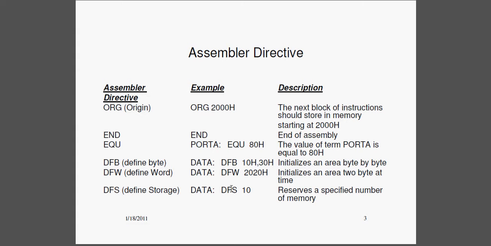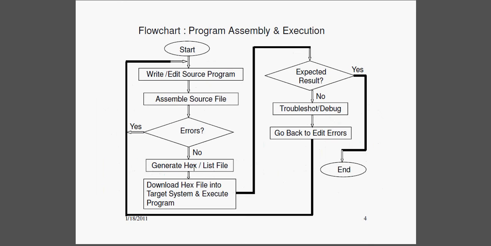Okay, class, this is the flowchart on writing and testing your assembly code. In this flow chart, we start with writing the program, the source code or assembly language, and then we assemble or compile it, and first we see whether there is any error or not.